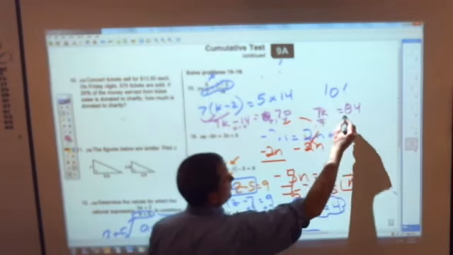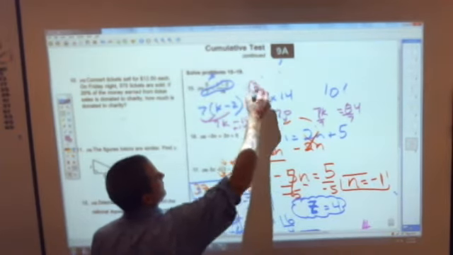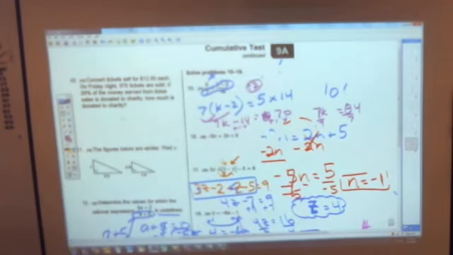Divide by 7, divide by 7, you get 12. You want to go the other way? Or will that just confuse you? I agree.